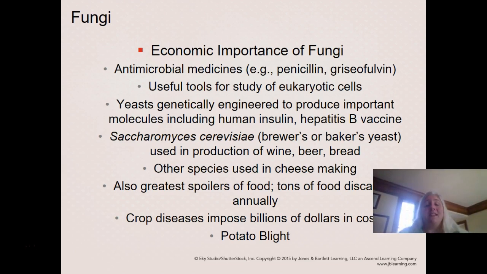And then fungi have caused millions of dollars in damage to crops and trees. One example is potato blight. It's actually a water mold, I believe, which is slightly different from fungi, but it falls under the fungal category.